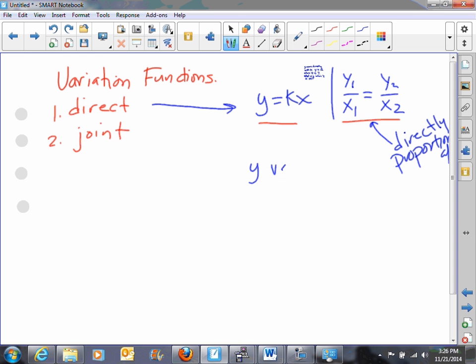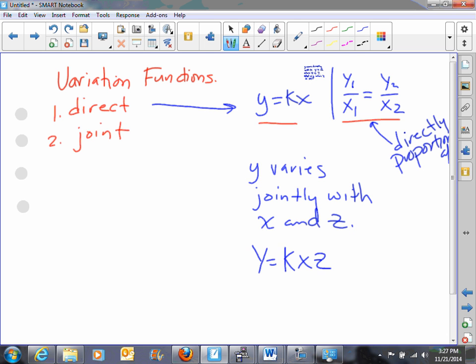We can say y varies jointly with x and z. The equation for this kind of variation is y equals kxz.